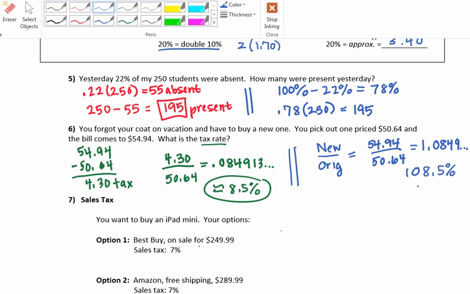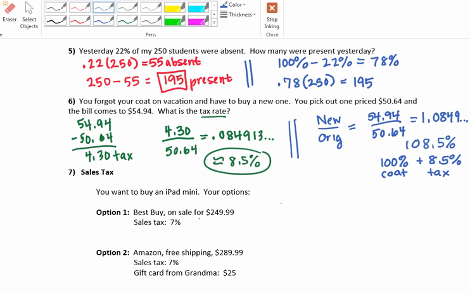So my new price is 108.5% of my old price. Or in other words, there's the 100% and an 8.5%. I expected to pay the 100%. That's the price of the coat. The 8.5% was extra. I paid 8.5% more than the price of the coat. That's my tax rate. So that's just another way you could think about this same problem.